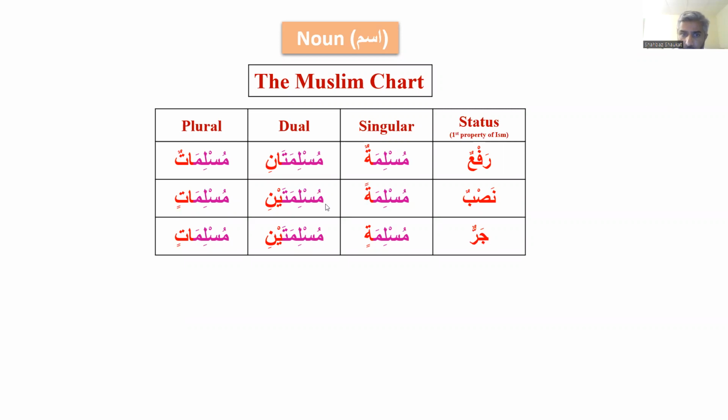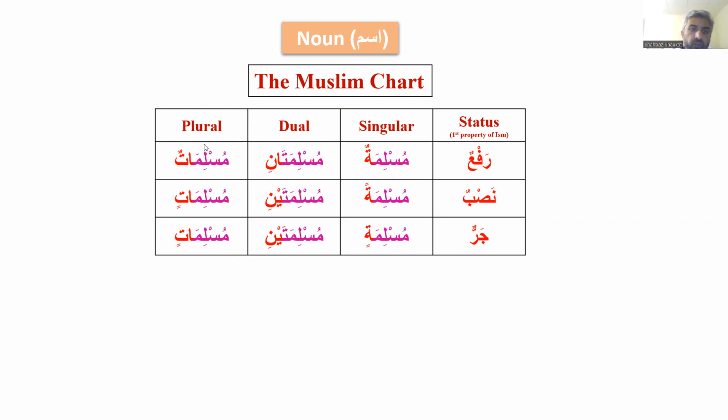No change. You come to the dual. Muslimatani, rafa, Muslimataini, nasab, Muslimataini, jar. Again, no change. Ani, aini, aini. Rafa, nasab, jar. The only change you will see is at the plural side.